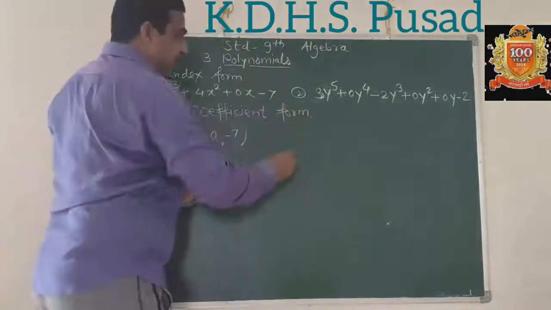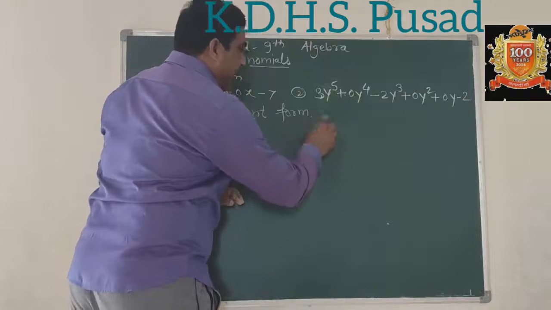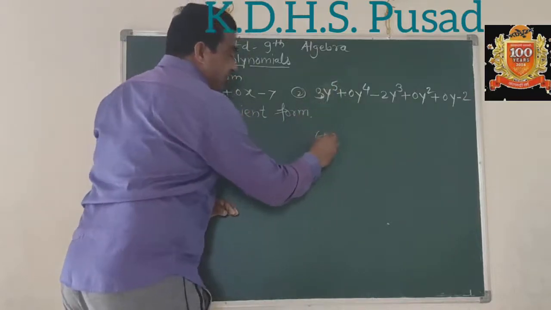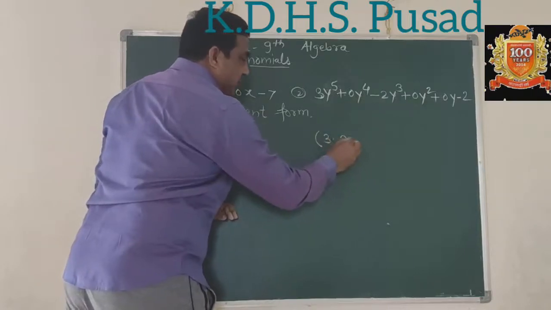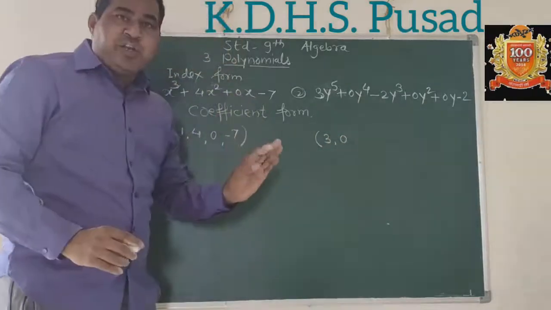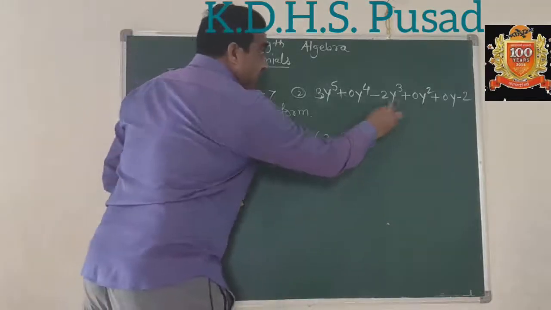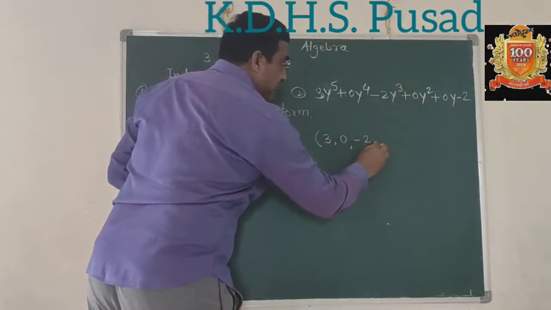Now here, second example. This one, again, coefficient form. First of all, make a bracket. What is the coefficient of y to the power 5? 3. So 3. Then give a comma. Then the next coefficient, 0. There is no need to write the plus sign, but if there is a minus sign, you have to write it with the proper sign. Now, the coefficient of y cube is minus 2, so you get minus 2.